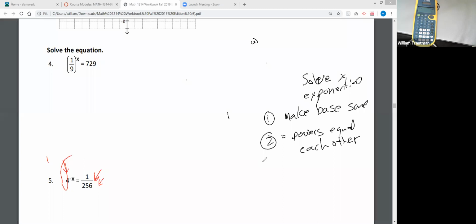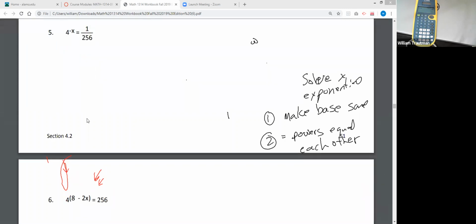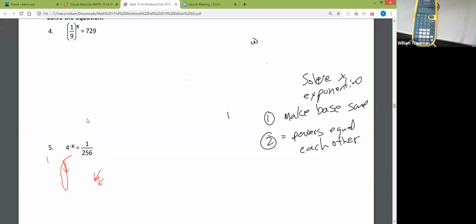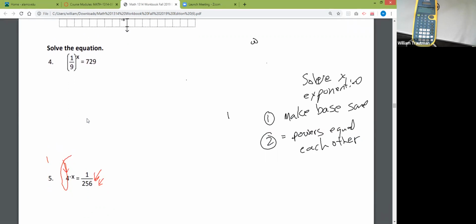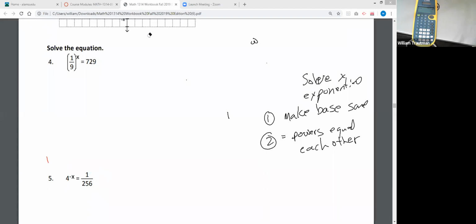Now I can come back to the problem. If I can get my bases to both be 4, I know this down here is 1 over 4 to the fourth power.